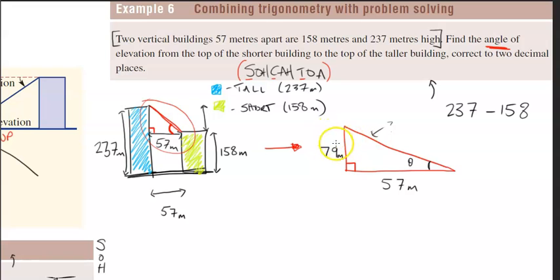So now let's label this. We have been provided the opposite side of that angle, so opposite, and adjacent. So again, we're using tan. So SOHCAHTOA, O and A, we're using tan. But this time we're solving for an angle. So the tan of this angle, which we don't know, is the opposite, 79, over the adjacent, 57.